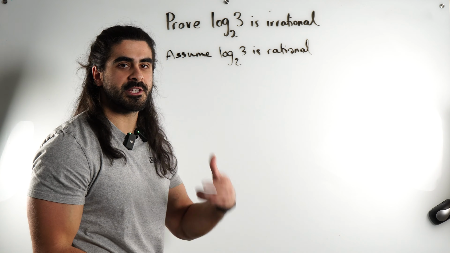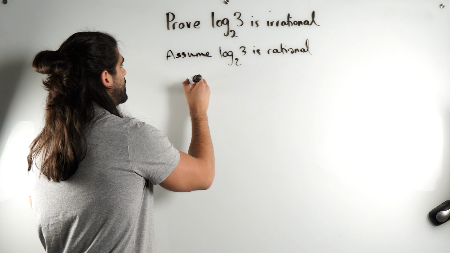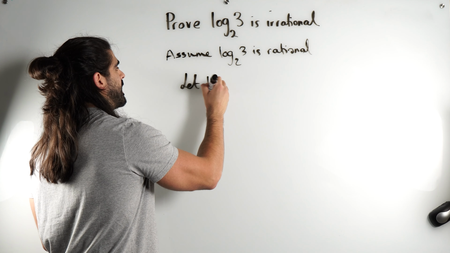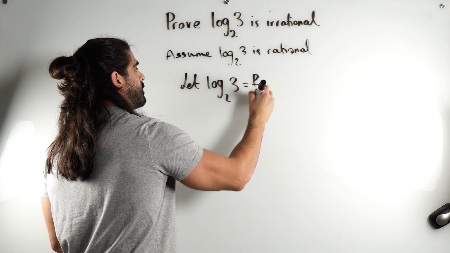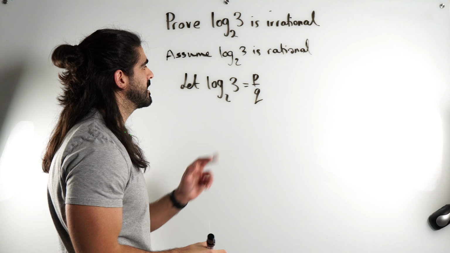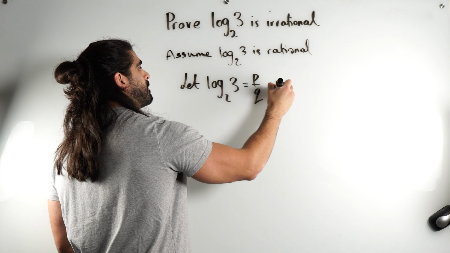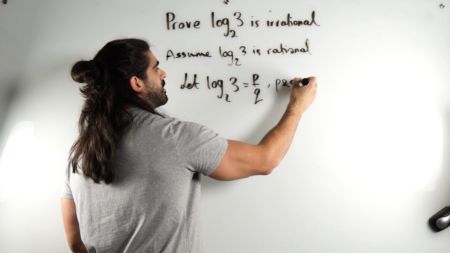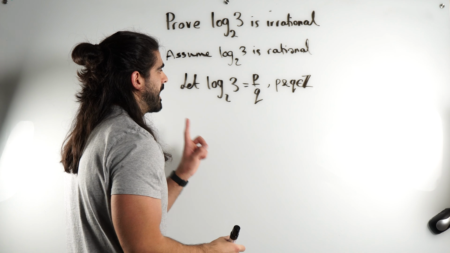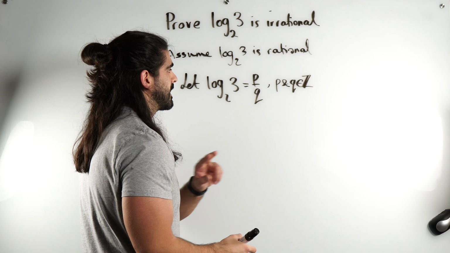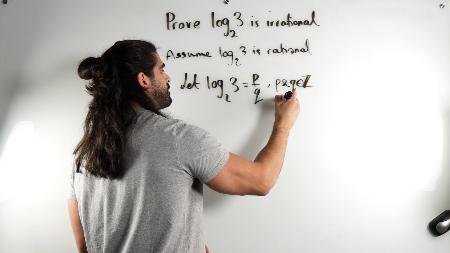What does it mean for a number to be rational? It means you can rewrite it as a fraction, but we need to set some conditions. In this fraction, p over q, both p and q are integers, and q cannot be 0.